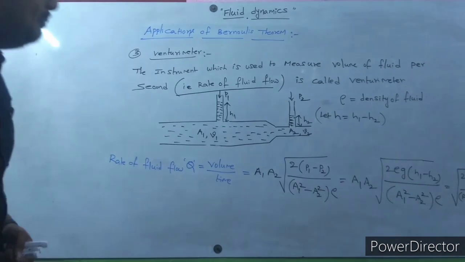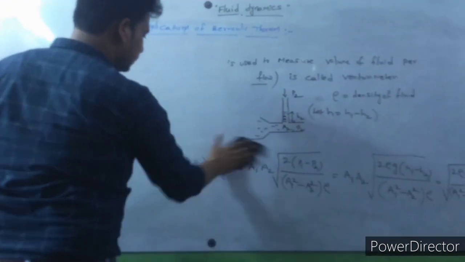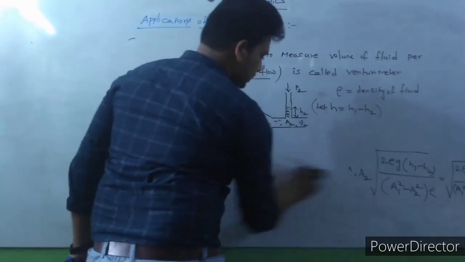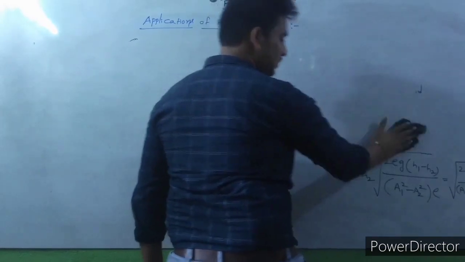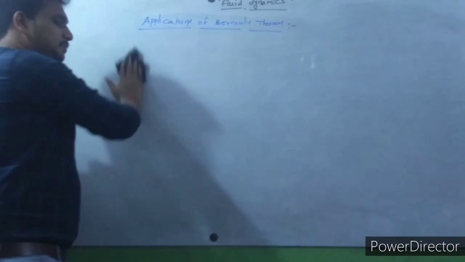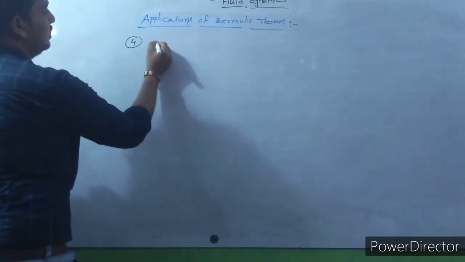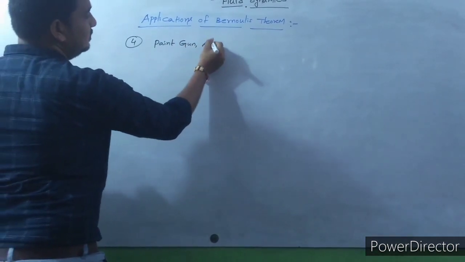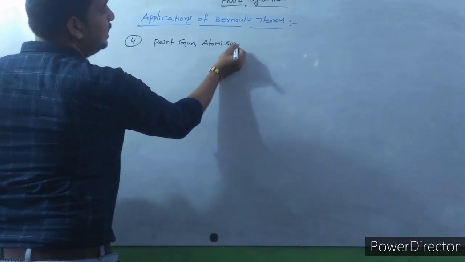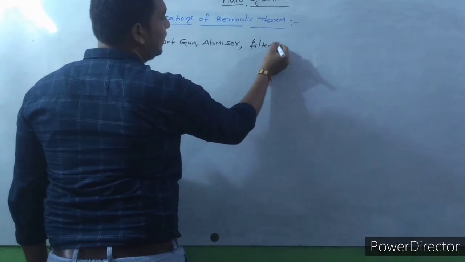Next, the fourth application. There are many applications for Bernoulli's theorem. Up to now we discussed three applications: one is the aeroplane, second is spinning a ball, third is the Venturi meter. Now the fourth one is the paint gun, atomizer, or filter pump.